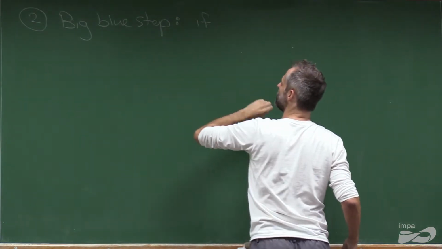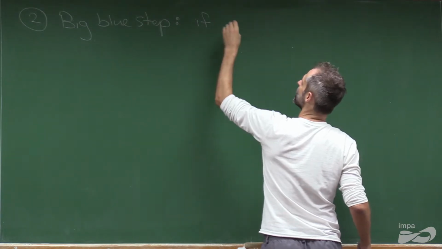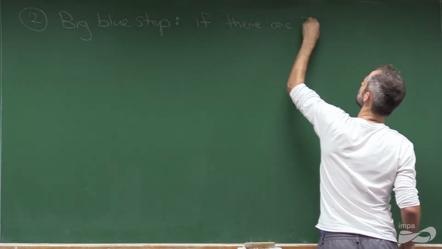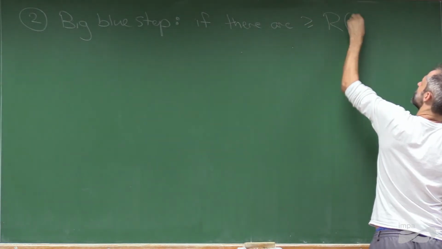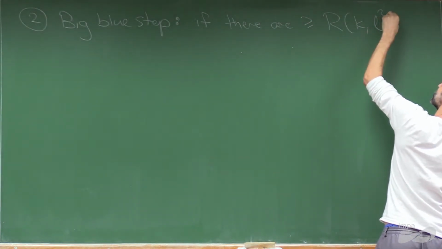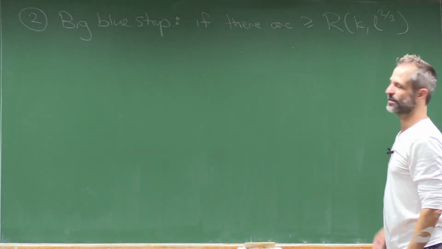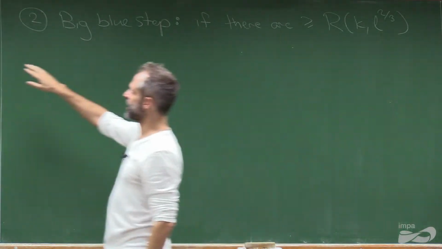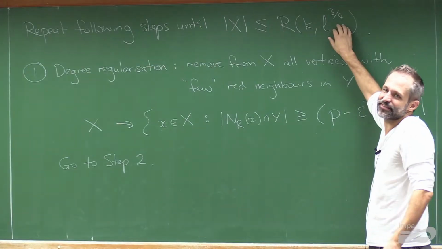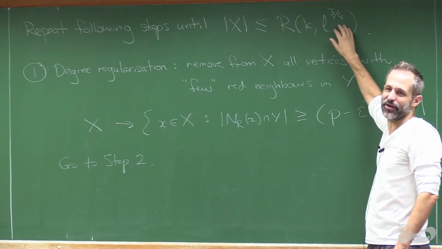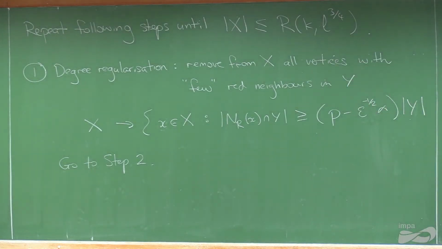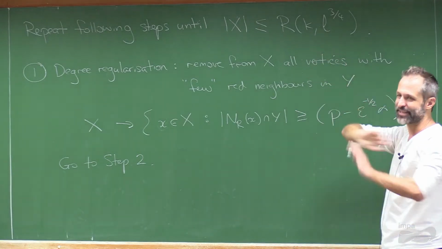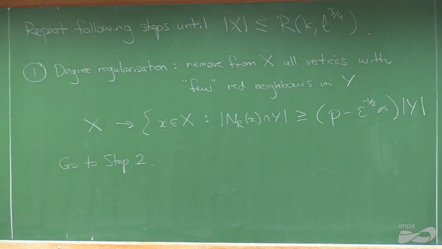So if there are at least Ramsey(k, L) to the 2/3 — now, what is this? This is a number that's much smaller than L to the 3/4. Again, it doesn't really matter exactly what we put here; there's a lot of flexibility. And L to the 3/4 is a number that's much smaller than L. Everything is like, there's lots of space.